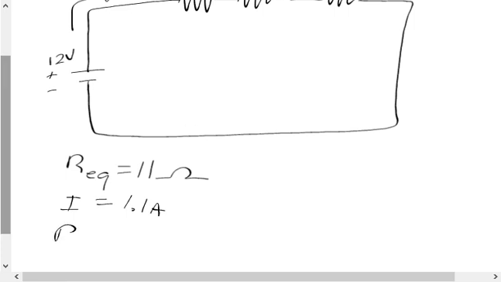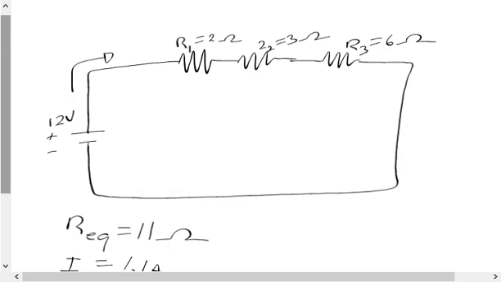But what about the power? The power is equal to IV. So the current being the 1.1 amps roundabout, multiply that by the voltage, which is 12 volts. So across the entire circuit, we're going to have, excuse me for a second here while I actually run the number on that.